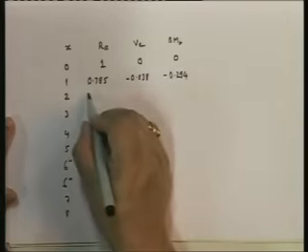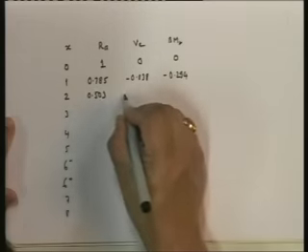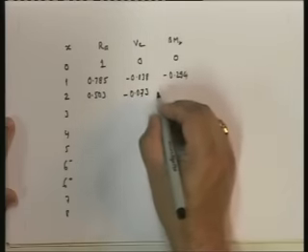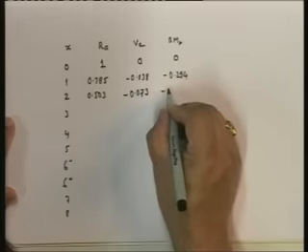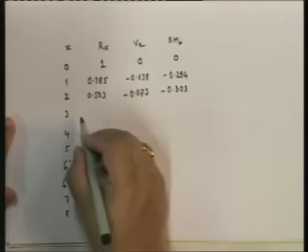0.294, 0.503, minus 0.073, and this is going to be minus 0.30.